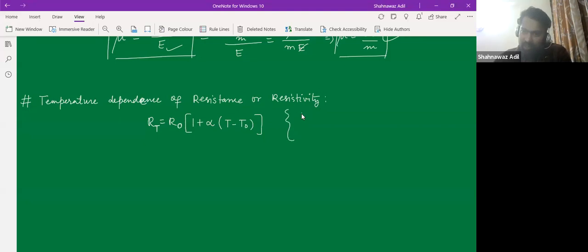Let's say T naught is the initial temperature and R naught is the initial resistance.